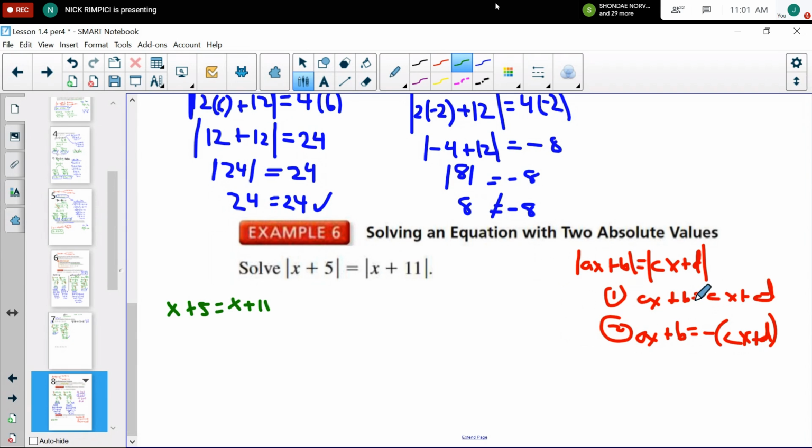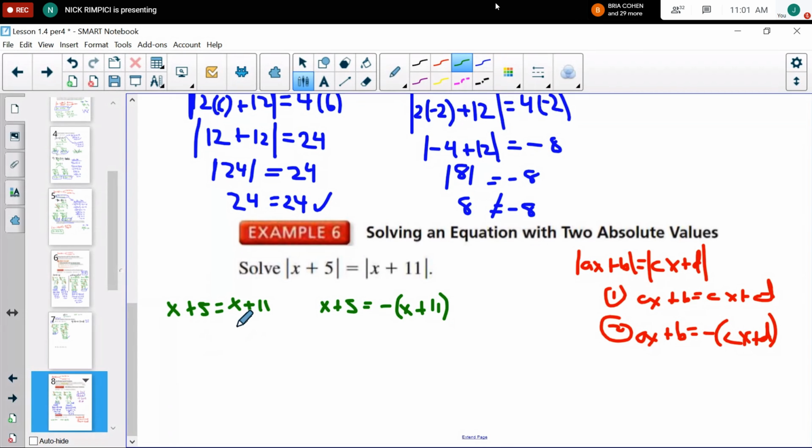And then the other one's going to be x plus 5 equals, well, I have to negate the other side, so negative parentheses x plus 11. Before we worry about this, let's just solve the first side first, and then we'll come back and take care of the alternative equation. Personally, I like to do one equation at a time. I think that's probably going to be the easiest for the majority of people.